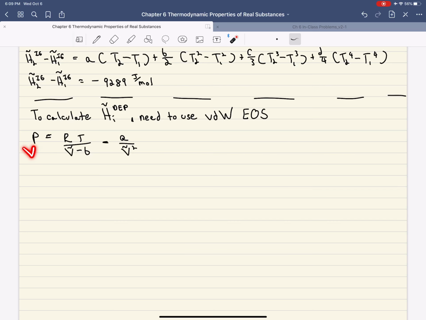We can't just get volume on the left-hand side and all the other parameters on the right, just based on the functional form of this equation. All right, and so we can't solve for V explicitly. And so when we calculate our departure function, the form we want to use is the dV form.